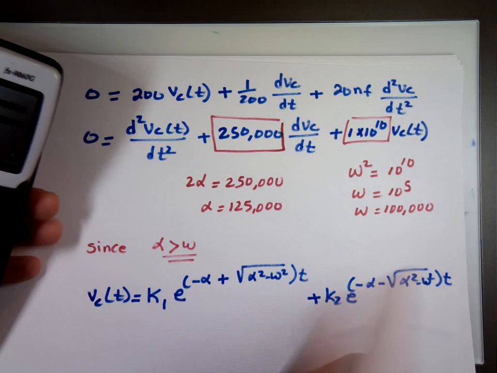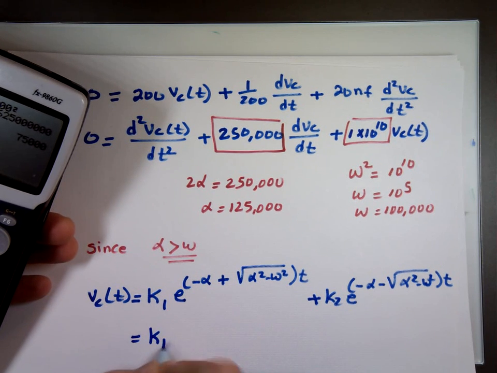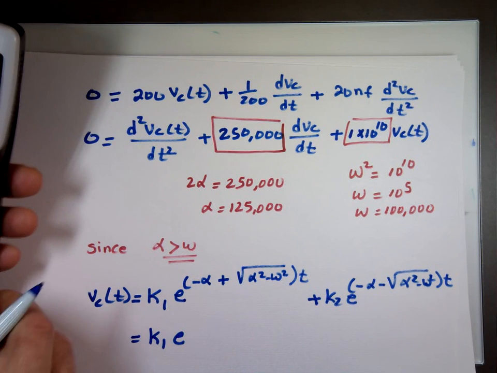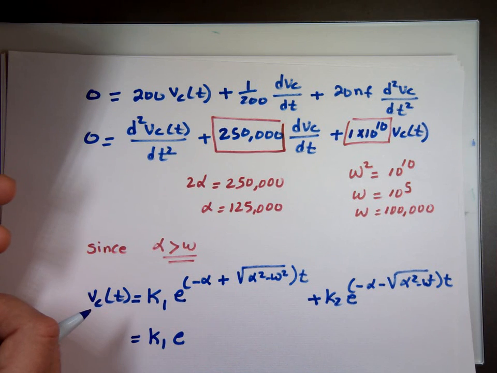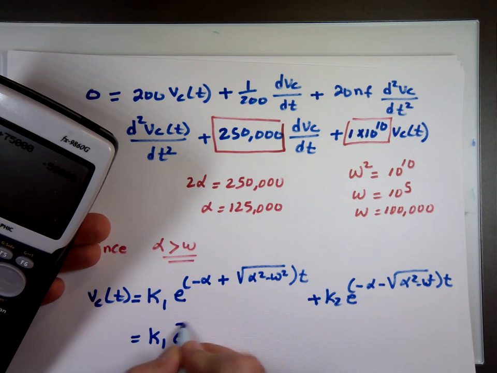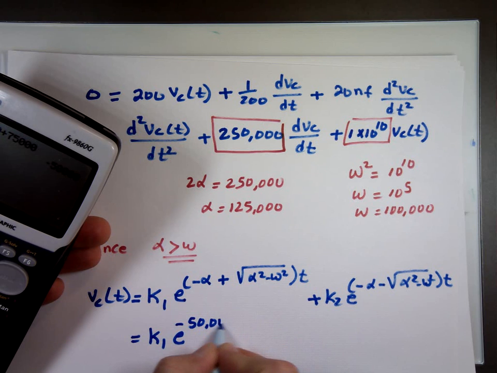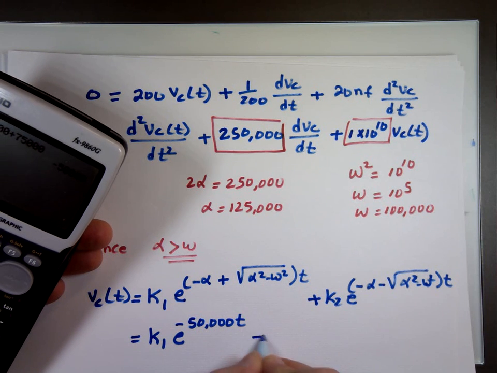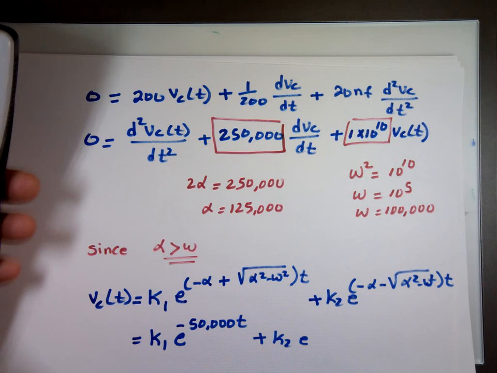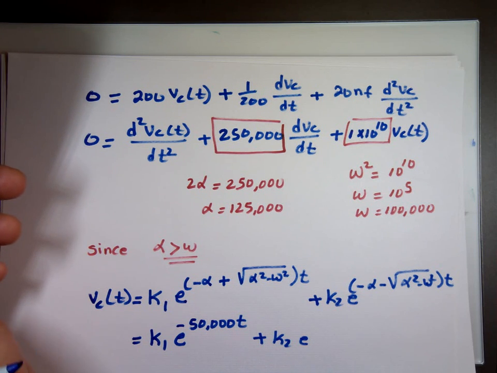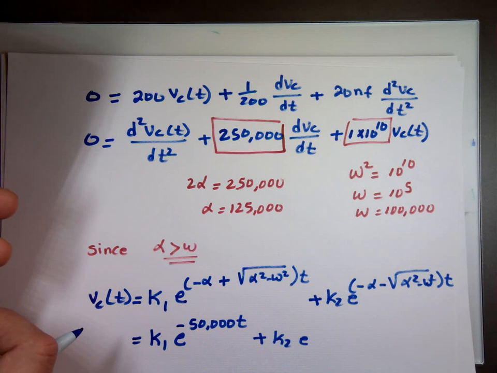So it's going to be K1 e to the power of negative 125,000 plus 75,000, negative 50,000, t, plus K2 e to the power of negative 125,000 minus 75,000, negative 200,000, t.